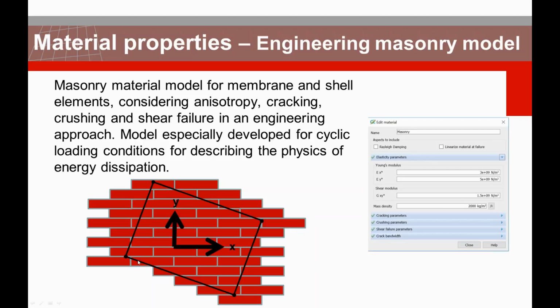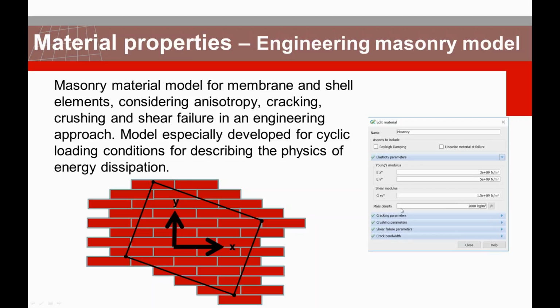What we need to do as an important factor, in terms of the definition of the material parameters, is make sure that the element local x-axis, this is important, is in line with my bed joint. Bed joints are these long mortars, and the element local y-axis is in line with my head joint. That way I can define different characteristics of my masonry structure and go through the modeling process.